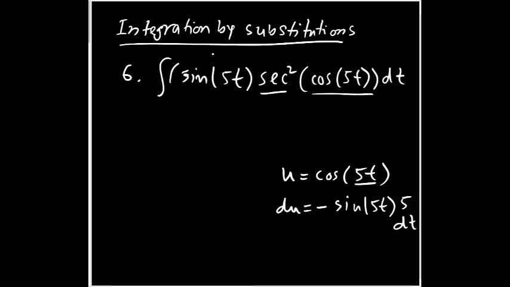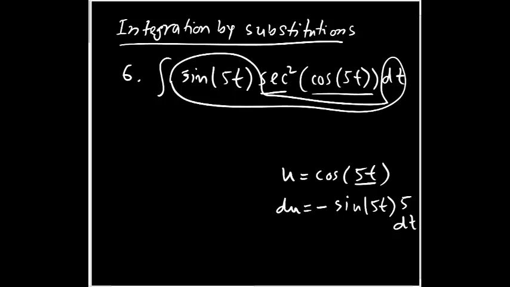I have sine 5t dt. This I need to replace. So this 5, this negative, I need to move to the other side by division. So negative 1/5 du equals sine 5t dt.